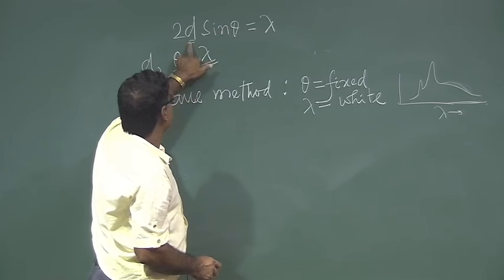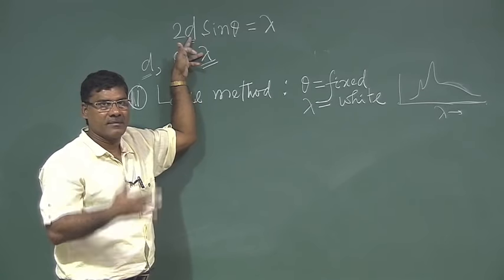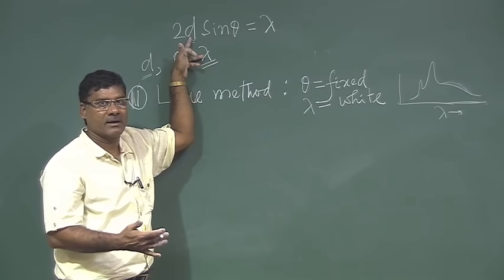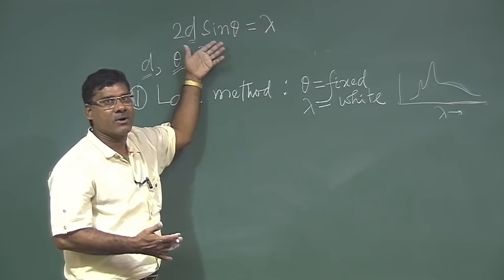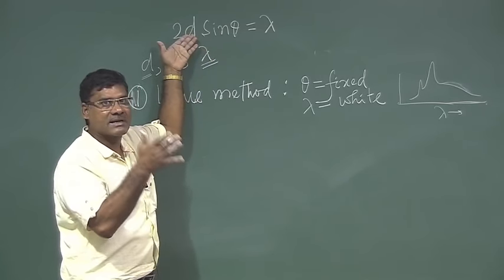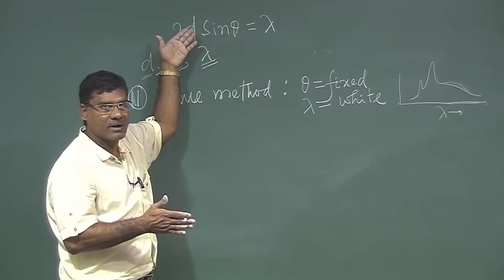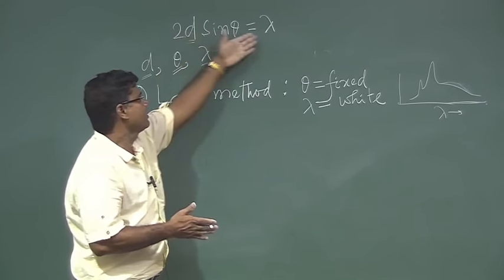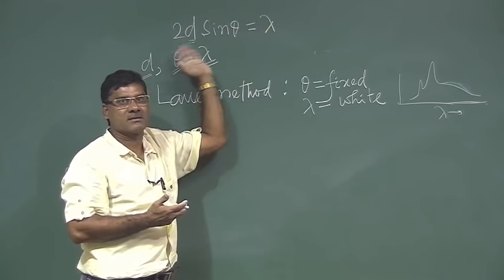Now, for different d in the crystal, different sets of planes are there, right? So, for d1, d2, d3, whatever, for each set of parallel planes with a particular d value, it has the chance to pick up the right lambda to satisfy this relation.